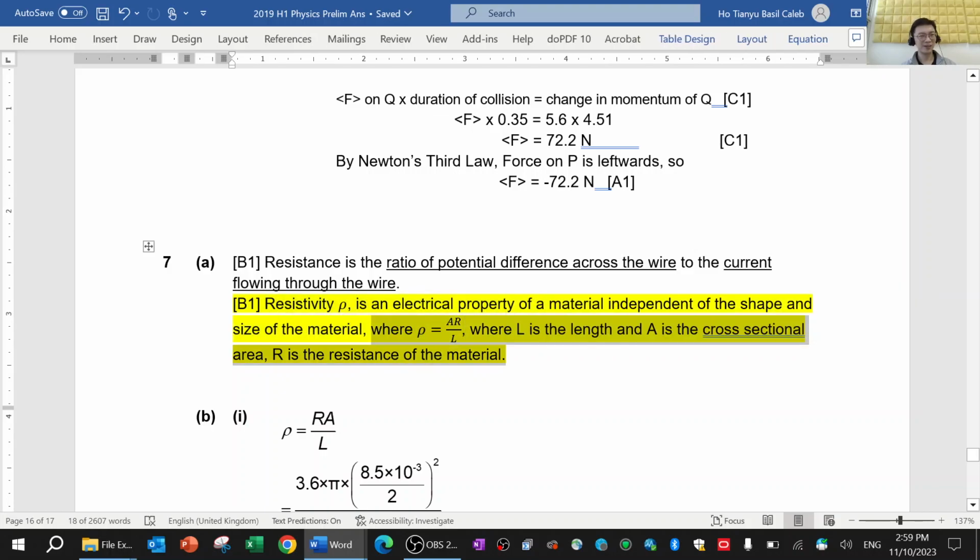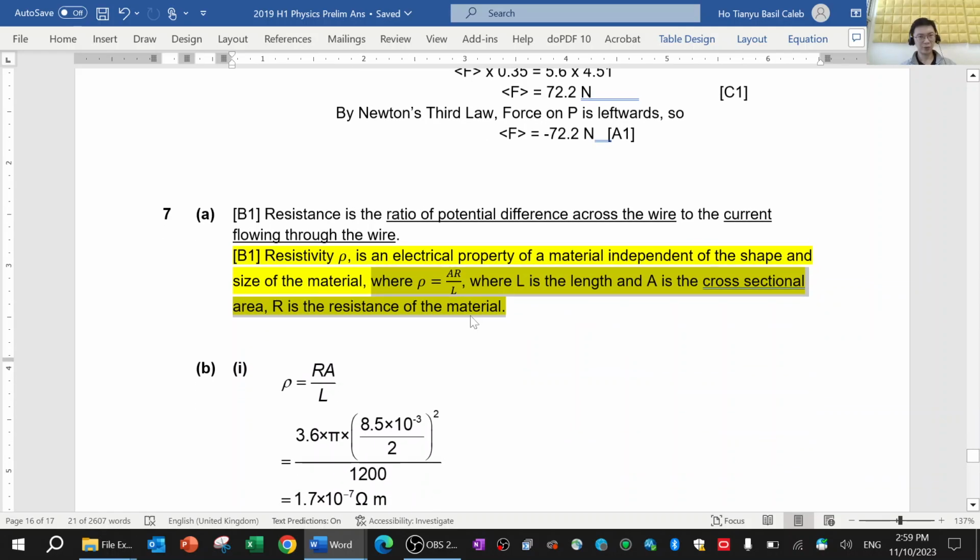Resistivity is the one that is not so well defined across schools. In our school we define it like this, I think in the notes we define it like this until this part, and TMJC's one was also slightly different, but it essentially meant this.